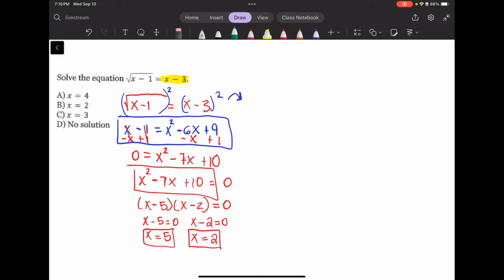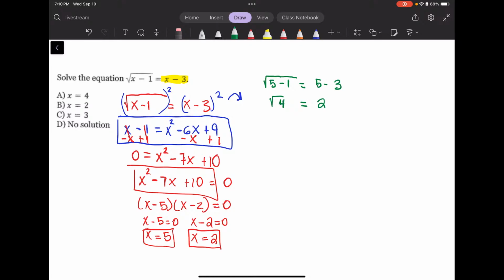But before we go, we have to double check if any of these will be considered extraneous solutions. So let's say I use my first x, let's use 5.